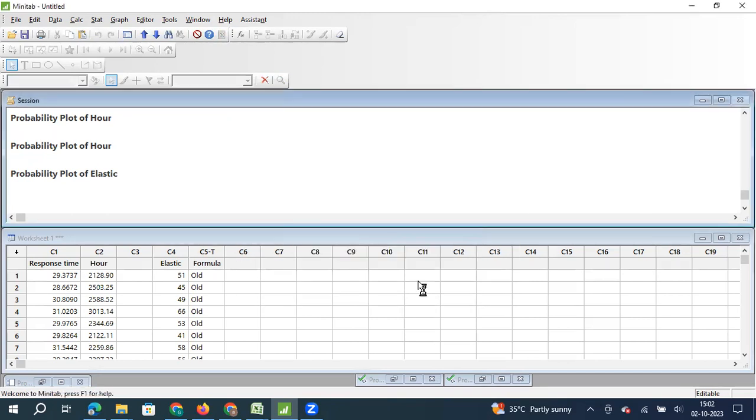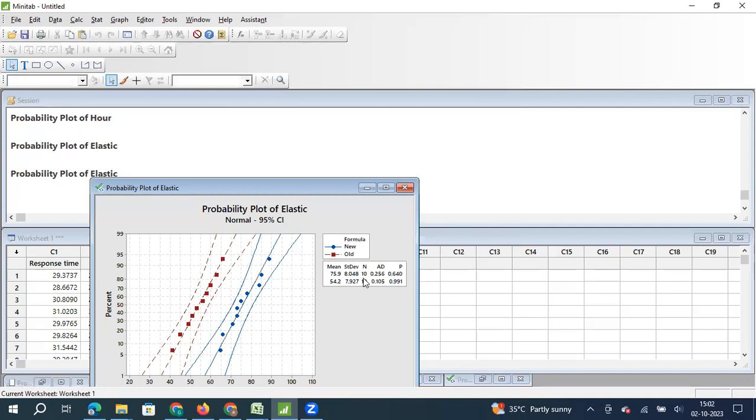Now if you see here, you will find the distributions for both the data. The blue color dots indicate new formula, the red color dots indicate old formula. So considering the different material used, still in both cases the p-value is greater than 0.05. So definitely the data follows normal.